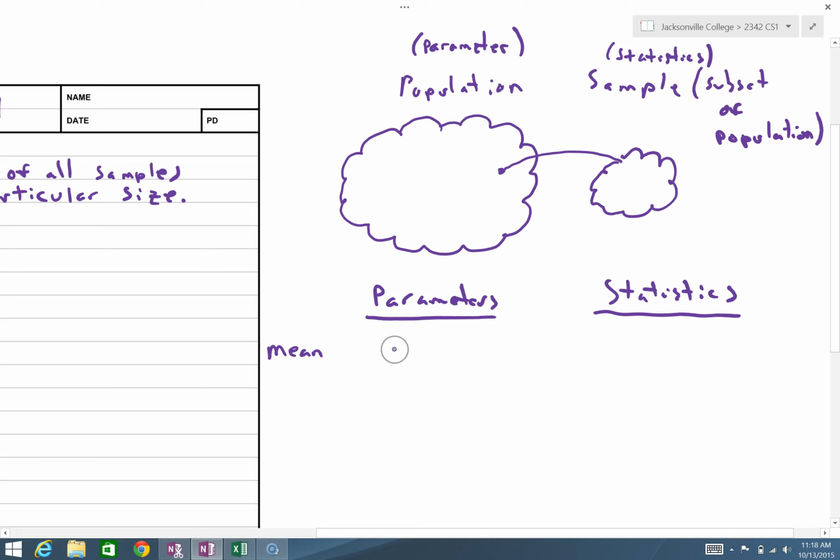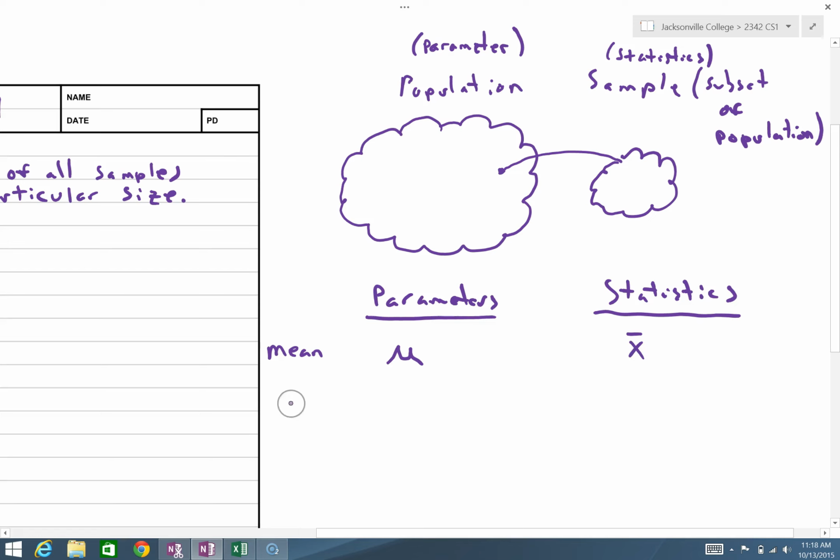The parameter version of the mean, we use the Greek letter mu. It looks like a little U with little curly sides. The statistic companion for that is x bar, X with a little bar over it, or y, or whatever arbitrary variable you want to use here.